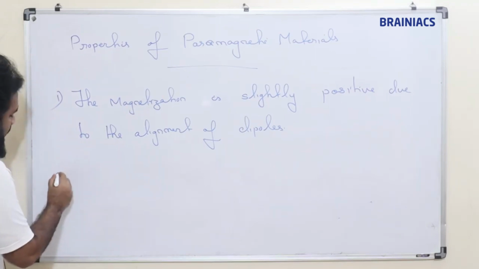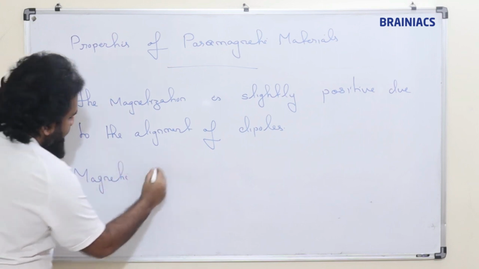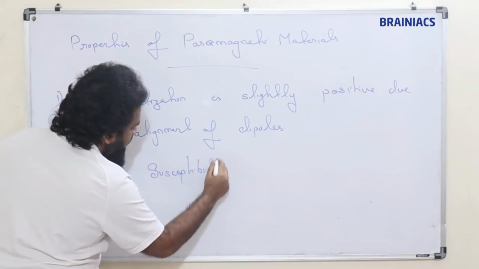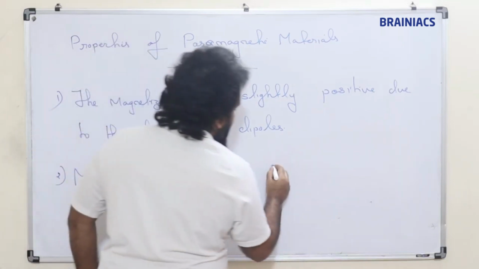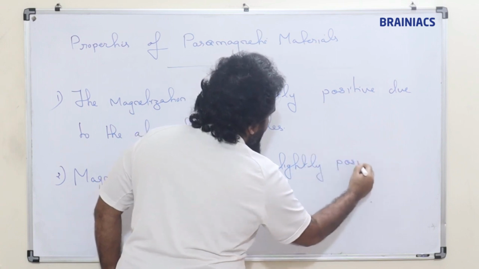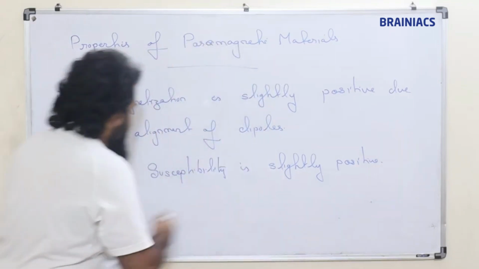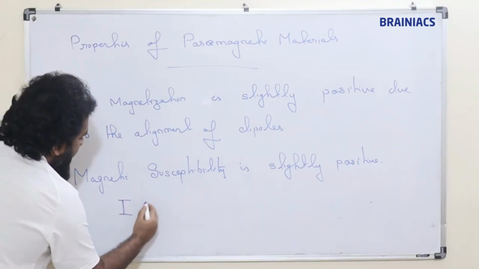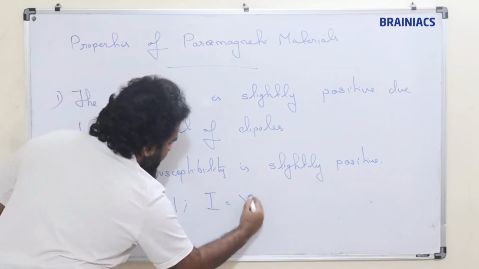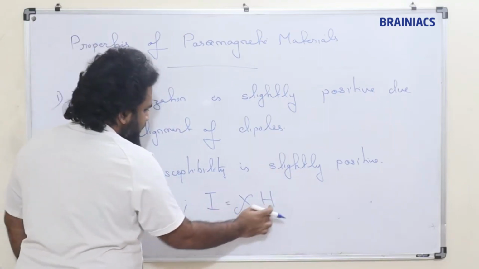Next point is magnetic susceptibility. It is again slightly positive. In diamagnetic it was slightly negative. Now this is slightly positive here. I is proportional to H, and this is how we wrote it: I is equal to magnetic susceptibility into H. So this I is slightly positive and this is constant.